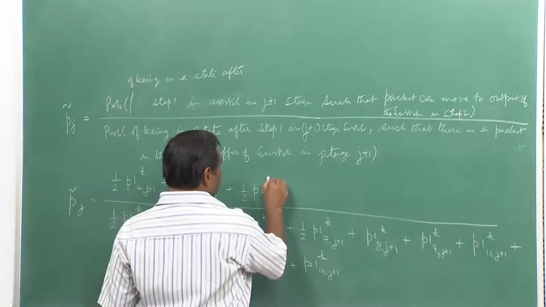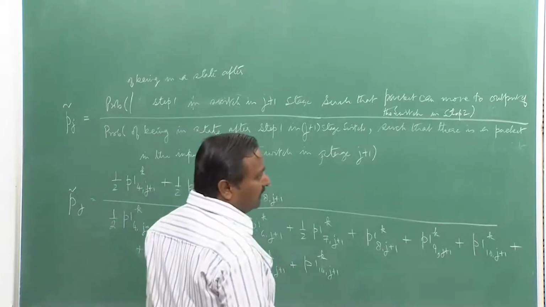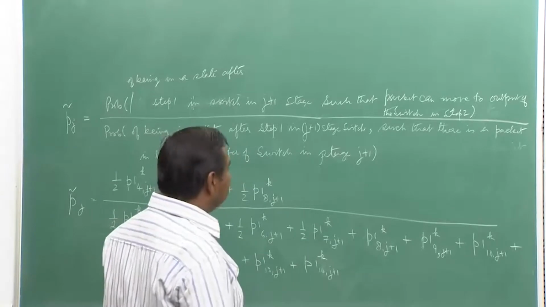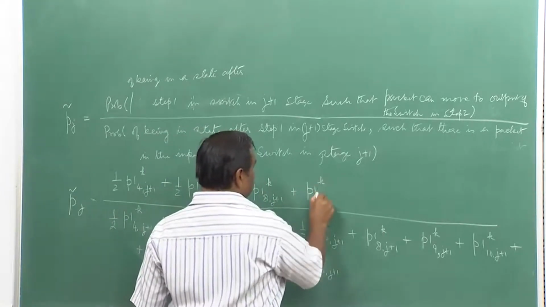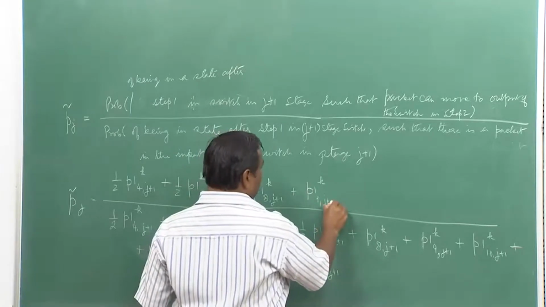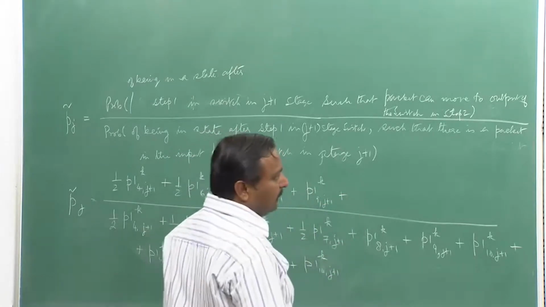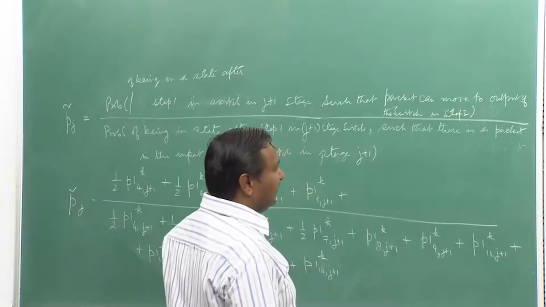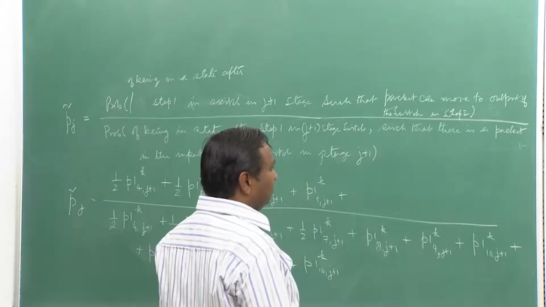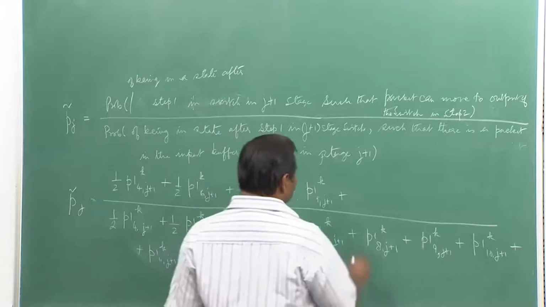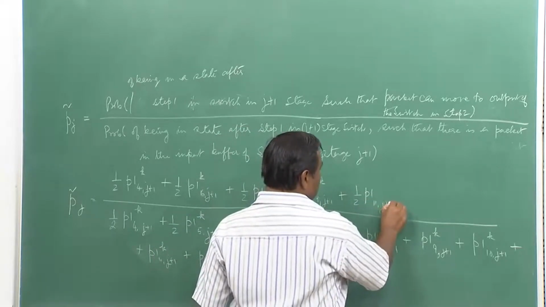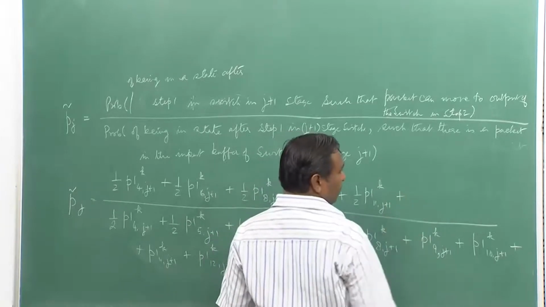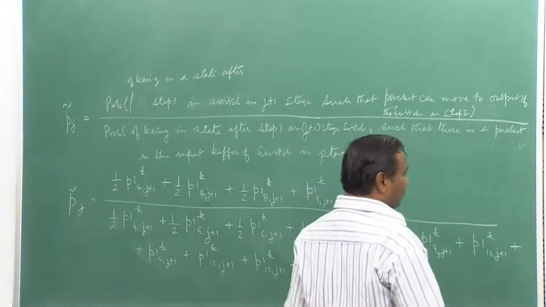Then similarly when you look at the 9, both of them will go out, so I have to put full. In 10 they cannot move out, so it will not be coming in. 11 only one of them actually will go. 12 only one of them will be going.